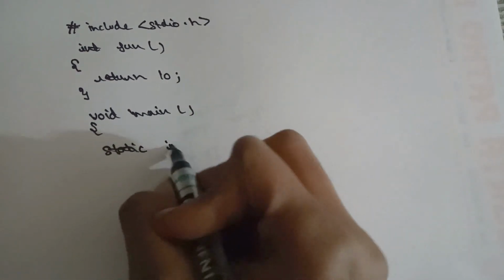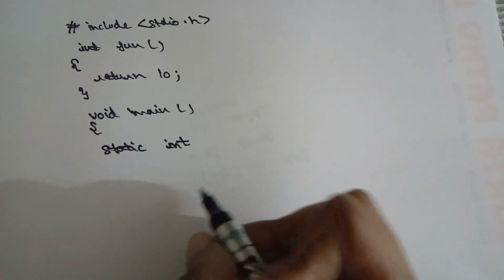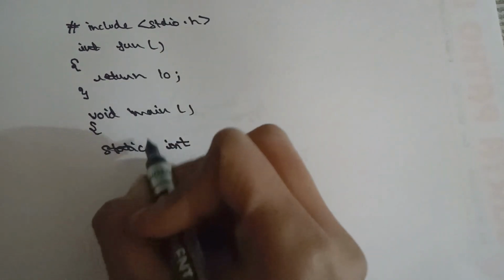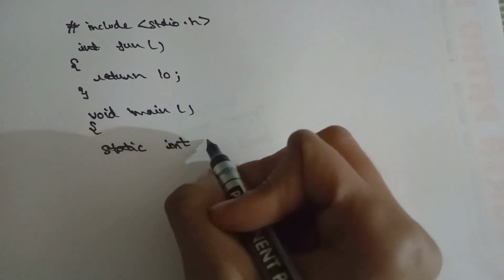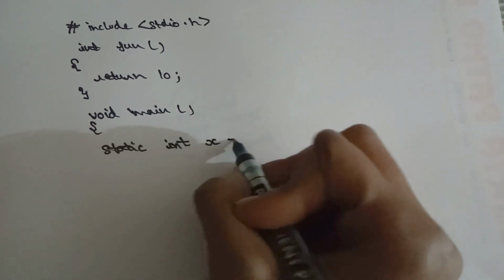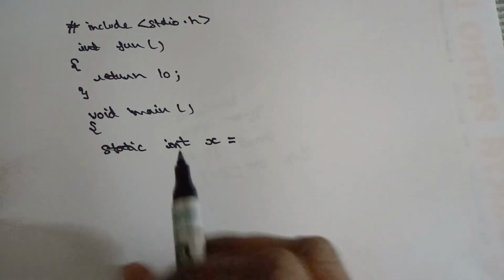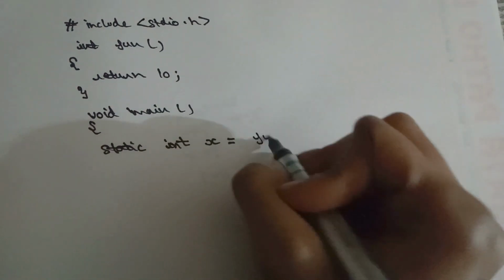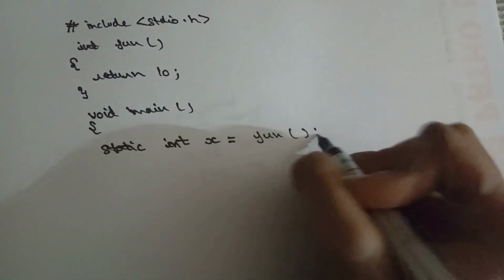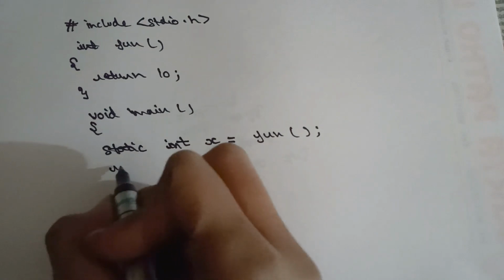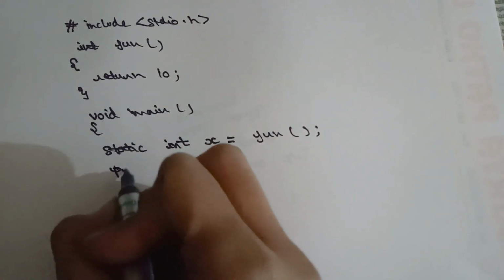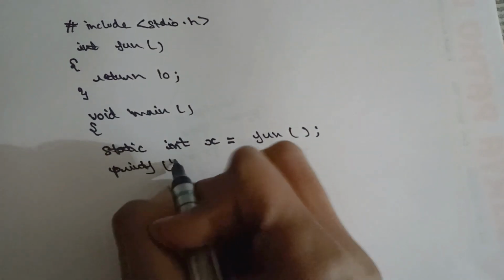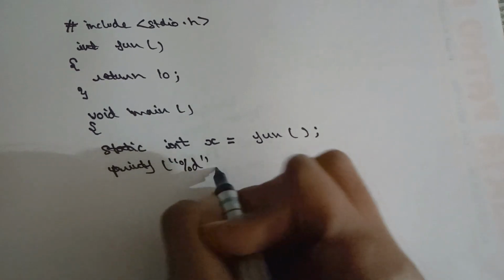Take one static variable. Static variables are created just by using the keyword static before any variable. Suppose this is x. Now you need to initialize this. In C you have to initialize it with a literal constant, but let's say we are initializing it using the function value. Then print. You can print this value.